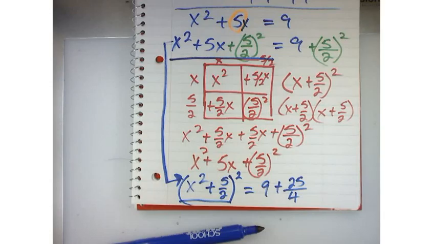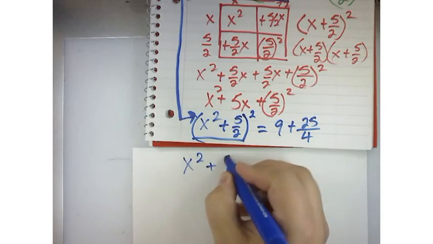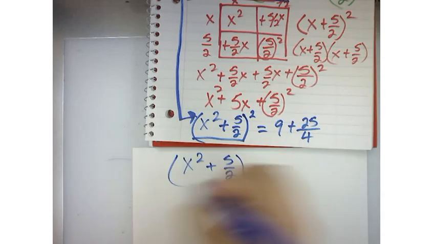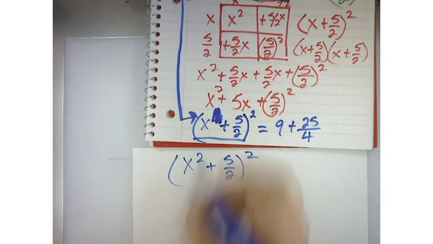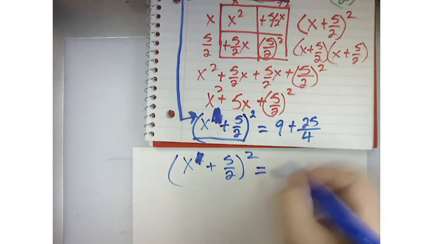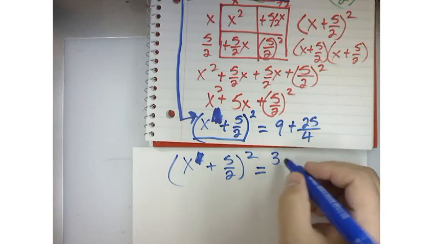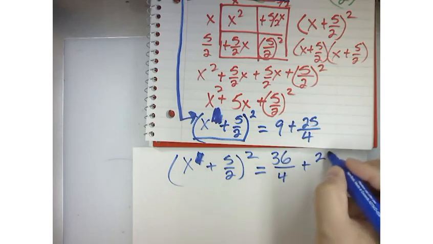So now let's finish this problem, now that we're running out of space. How do I add 9 to 25 over 4? So I've got x plus 5 over 2, all that stuff squared, and it's not x squared, it's x. Oops. So it's x plus 5 over 2 squared. And I suppose I could write this as 36 over 4, isn't that the same as 9?